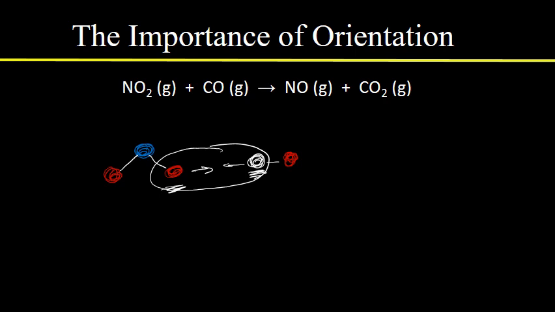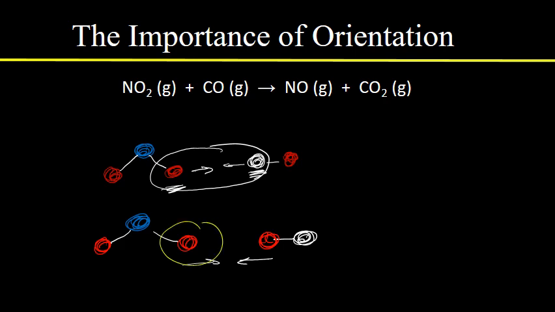If the molecules were to approach like that, then you'd have this oxygen and this oxygen interacting with one another, and so you couldn't possibly form that carbon-oxygen bond.